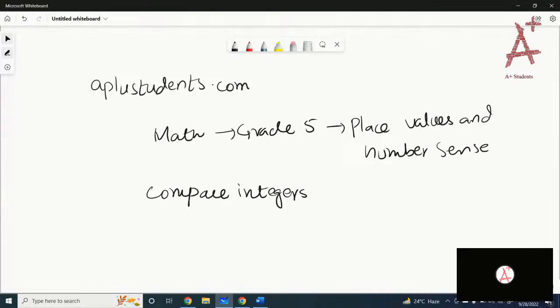Just log into aplusstudents.com, scroll down to maths, then grade 5, then place values and number sense, and we are on the topic that is compare integers. Got it? Okay, let's start with the topic that is compare integers.